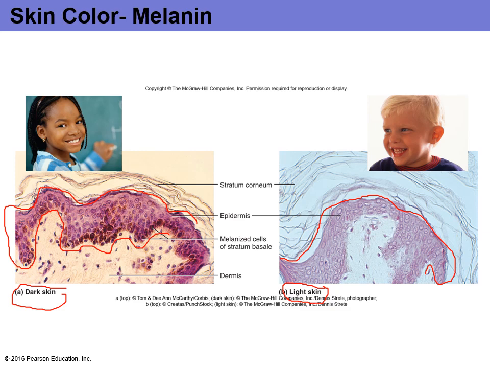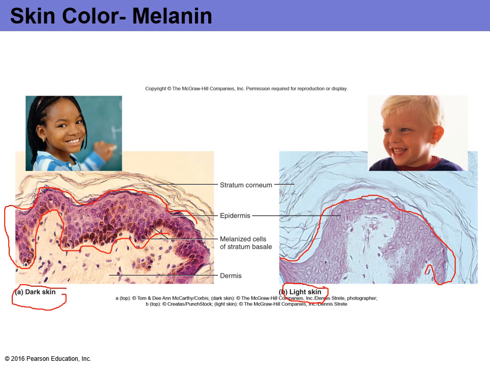Someone who is fair or light skinned produces less melanin. As they produce less melanin, their keratinocytes, their skin cells, are less likely to absorb it. And when they absorb it, they only tend to display it in clusters, so only in small areas of the cell instead of the entire surface area, allowing for a lighter color to show through.